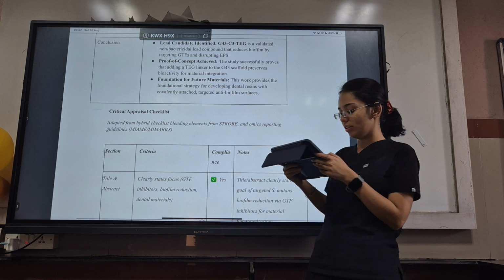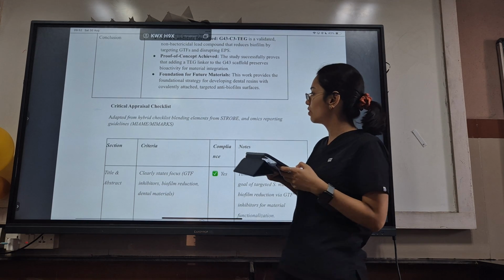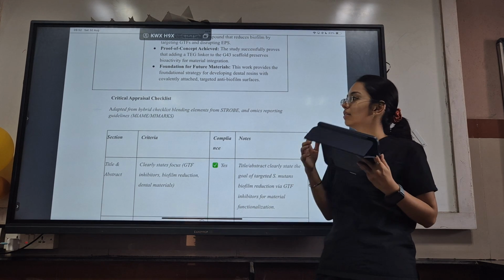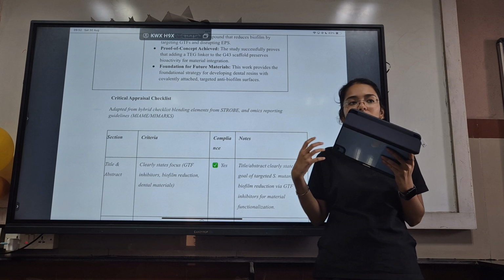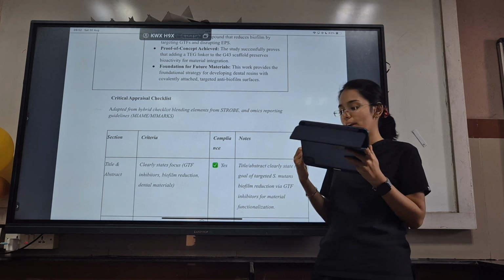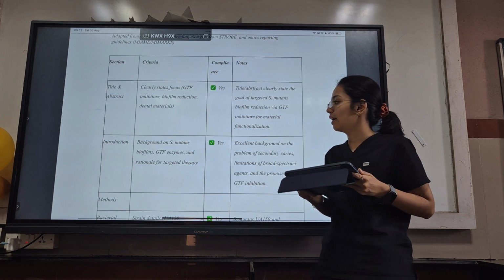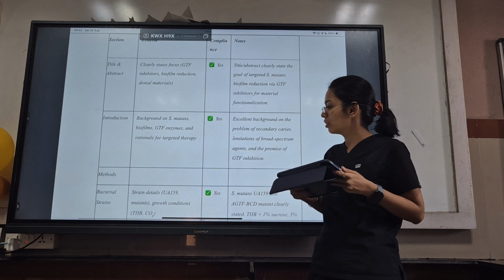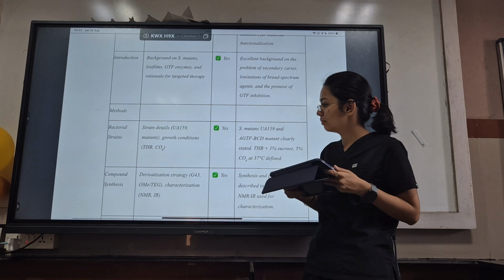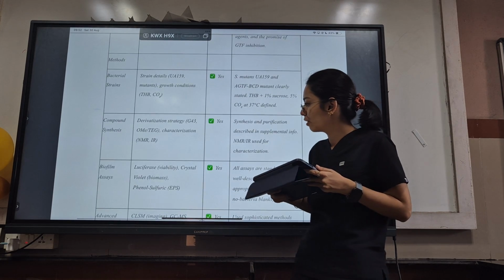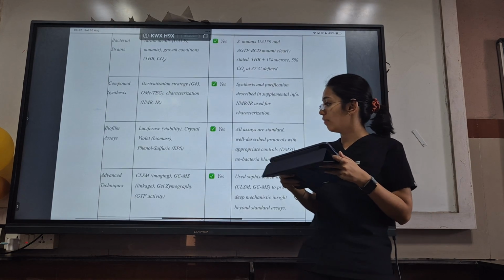So moving on to this critical appraisal checklist, this is a hybrid checklist which has a blend of scope and omics reporting guidelines. So the title and abstract, introduction, the materials, methods, and the biofilm assays were all well documented.